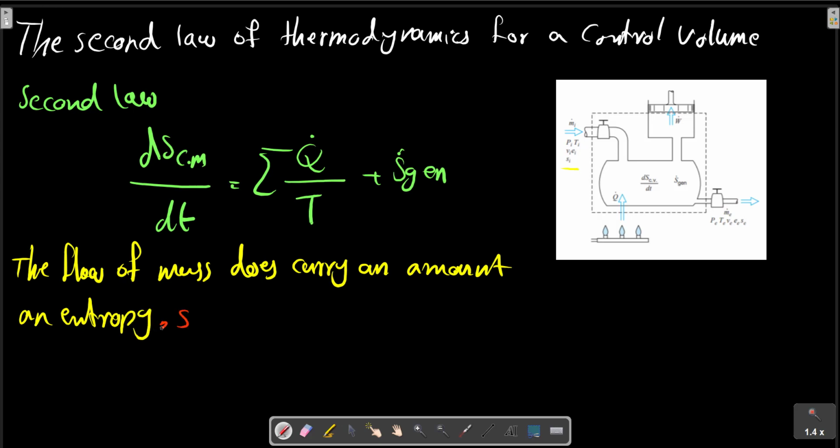But it does not give rise to any other contribution.